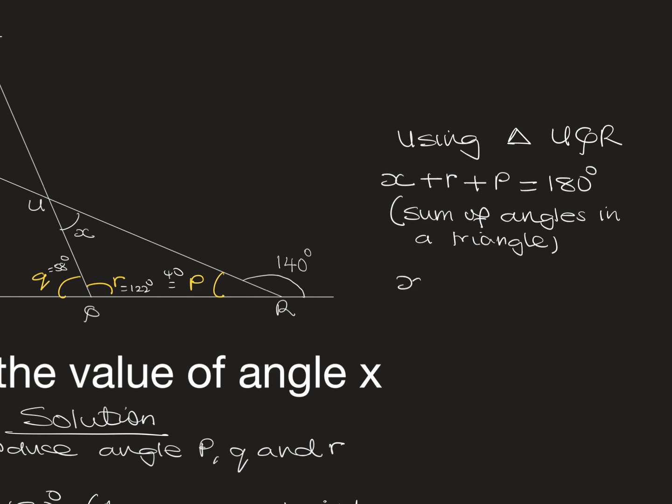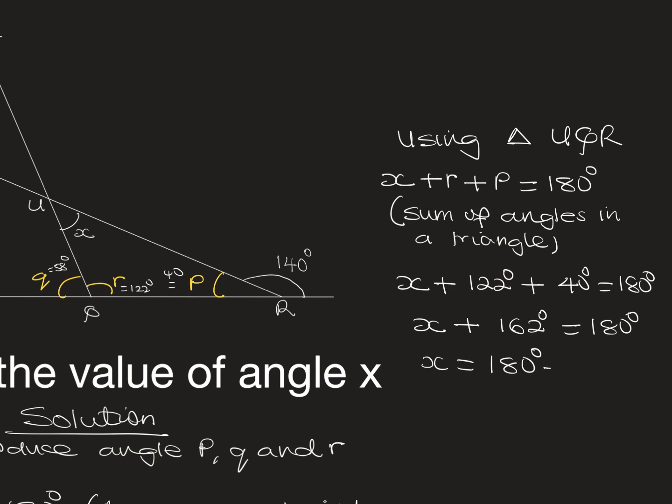So that will be X plus R is 122 degrees plus P is 40 degrees. This is equal to 180 degrees. So X plus 122 plus 40 is 162 degrees is equal to 180 degrees. So X is equal to 180 degrees minus 162 degrees. So X is equal to 18 degrees.